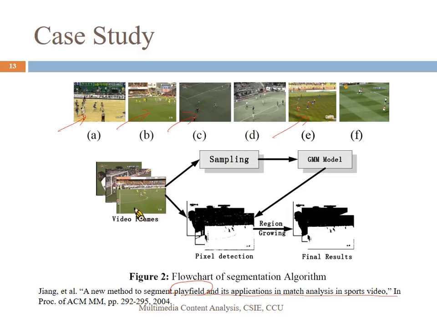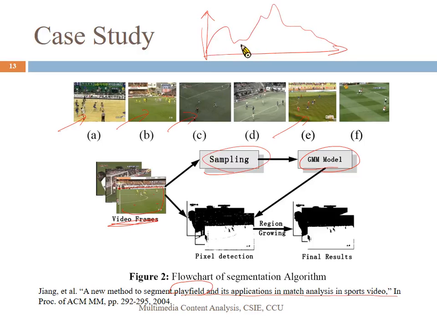So in this work, they extract the video frames and then they sample the pixels inside the soccer field. And then they use the Gaussian mixture model to describe the green color inside the soccer field. Okay, so they assume that the variation of the green pixels in soccer field may be something like this.